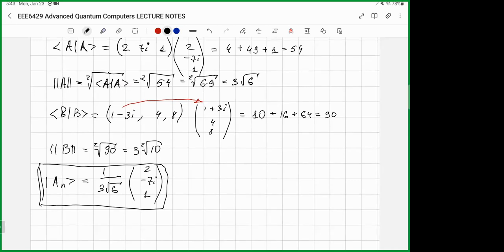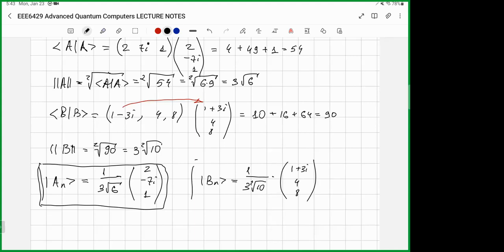If you calculate the length of this vector, you will get 1, because we just normalized it. And for the second one, b normalized, we will have 1 over 3 square root of 10, and then the vector itself, which is 1 plus 3i, 4, 8.